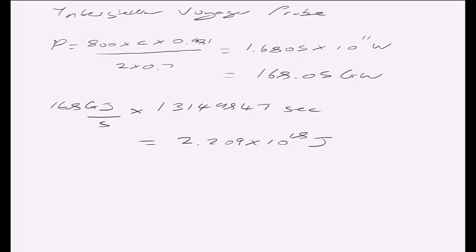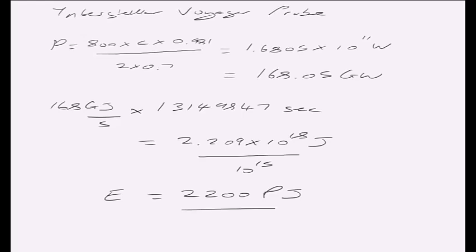Or if we divide this by 10 to the 15, we get an energy requirement of around 2200 petajoules for our Voyager-like laser sail probe.